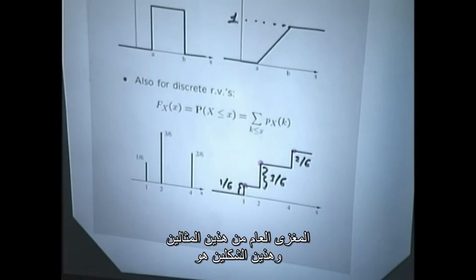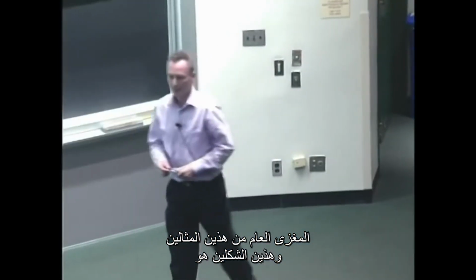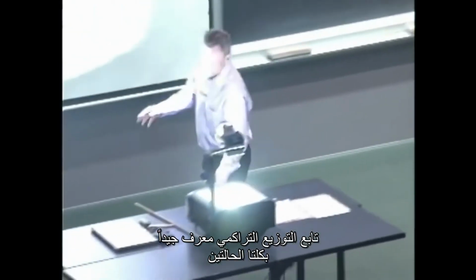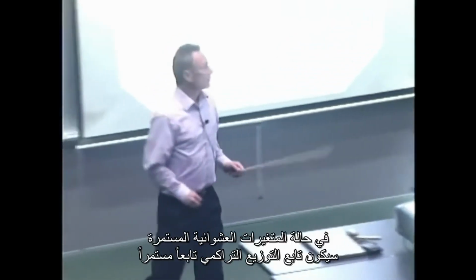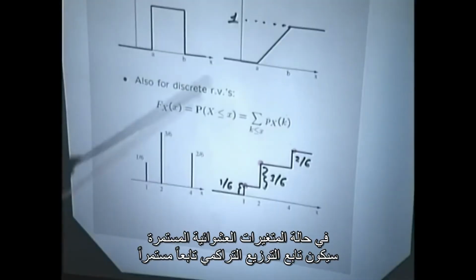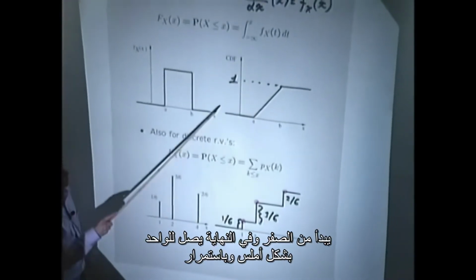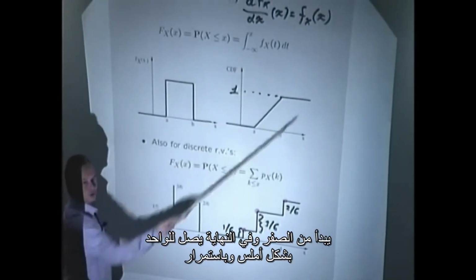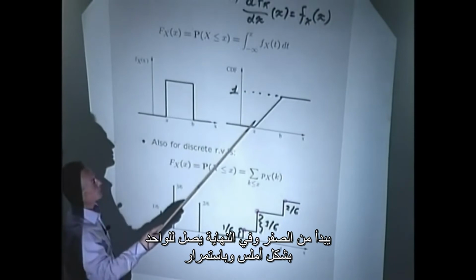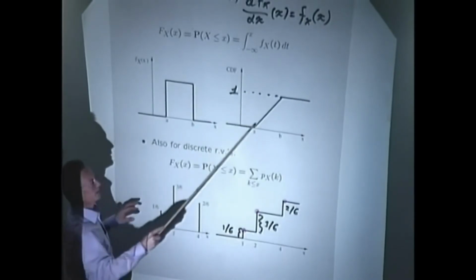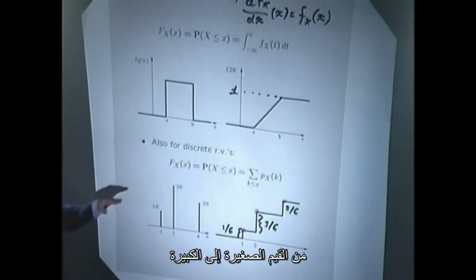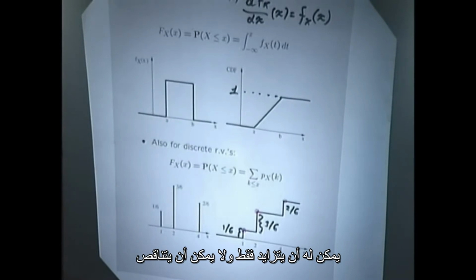General moral from these two examples and these pictures. CDFs are well defined in both cases. For the case of continuous random variables, the CDF will be a continuous function. It starts from 0, it eventually goes to 1, and goes smoothly, well, continuously, from smaller to higher values. It can only go up, it cannot go down, since we're accumulating more and more probabilities as we go to the right.